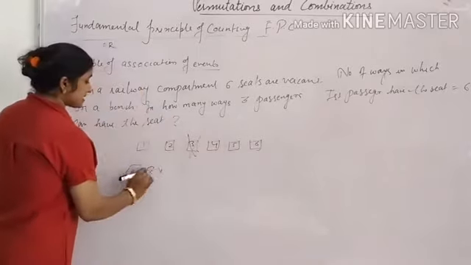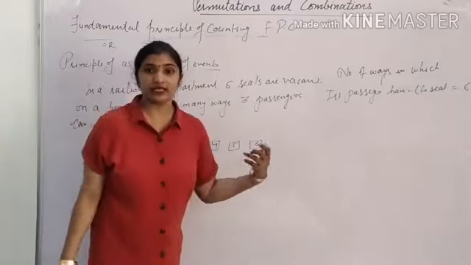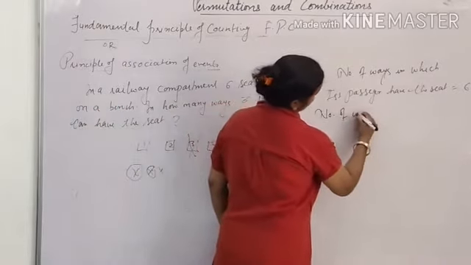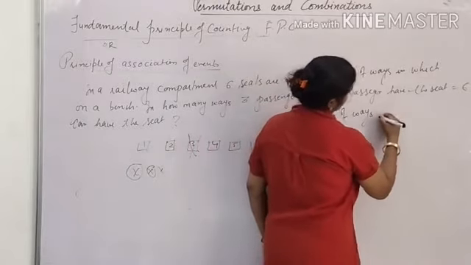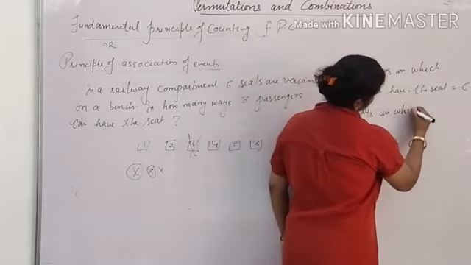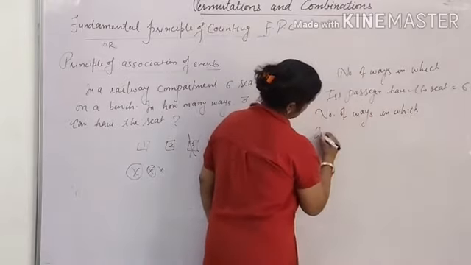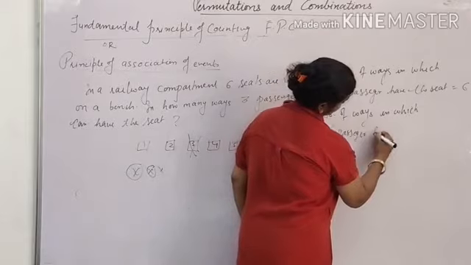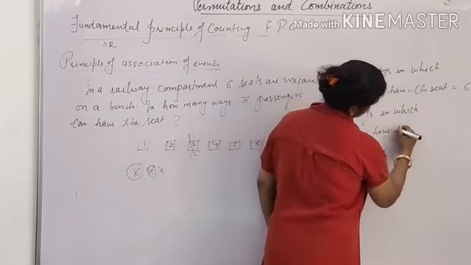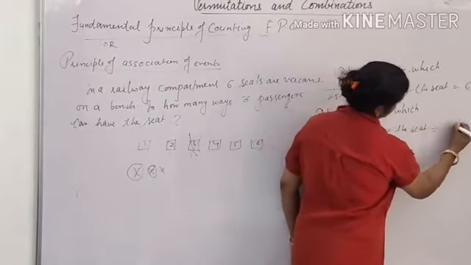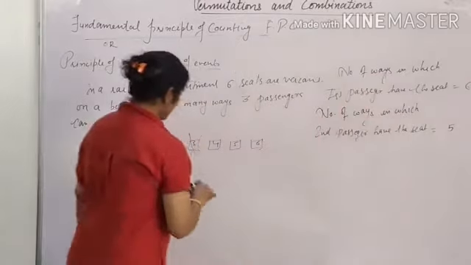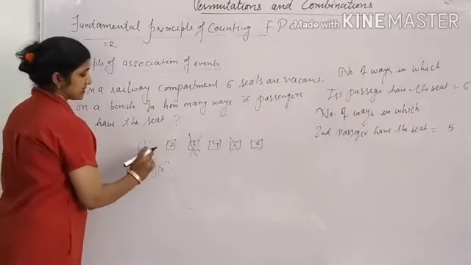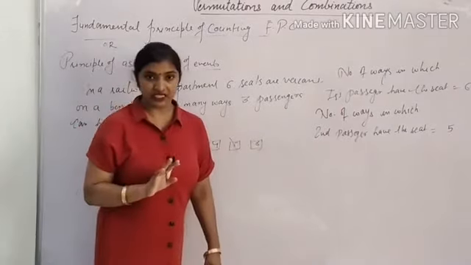So the second passenger has only 5 choices among the 6. So the number of ways in which the second passenger can have the seat is 5. Now suppose he sits on this bench, then the third passenger has only 4 options.